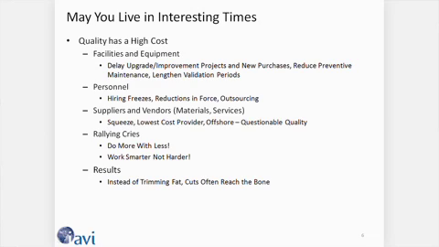Instead of win-win relationships with suppliers and vendors, they start to squeeze those suppliers and vendors. They try to go to the lowest cost provider, even if the quality isn't where you need it to be. And of course, my favorite is the rallying cries of do more with less and work smarter, not harder.